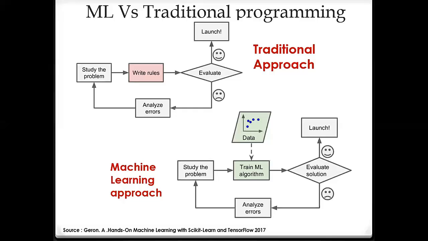But this becomes problematic because not all problems can be approached this way, especially problems that are random, non-deterministic, or too complex to write all the rules. It will be impossible to do that. So instead, after we start with the problem, we collect the available data. And this data, we feed it into a machine learning algorithm.